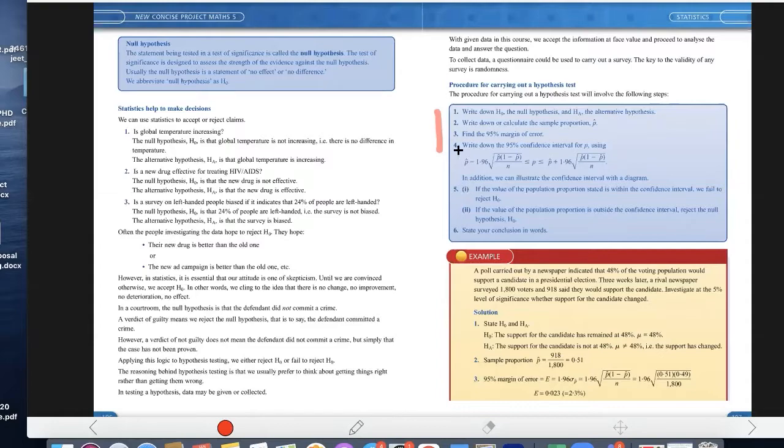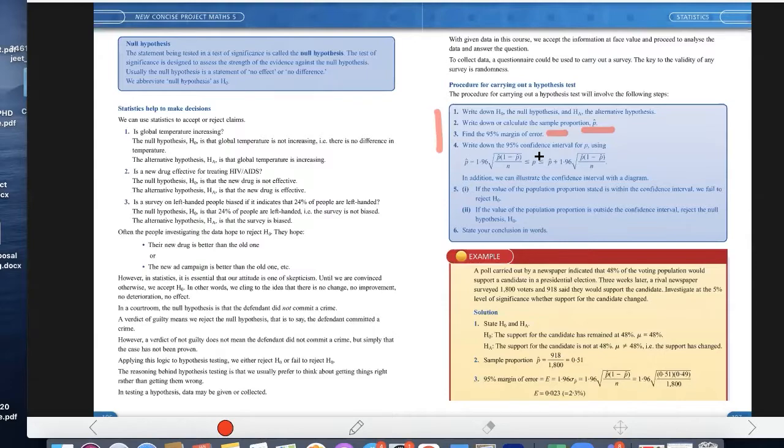You then do your test data. You test your claim. Okay, so you find out your population proportion. You can create a margin of error if you wish, and you test your data. Okay, and again, I'll go through an example of that. And then once you set up your confidence interval, you're going to see if whatever you're testing is within that confidence interval.